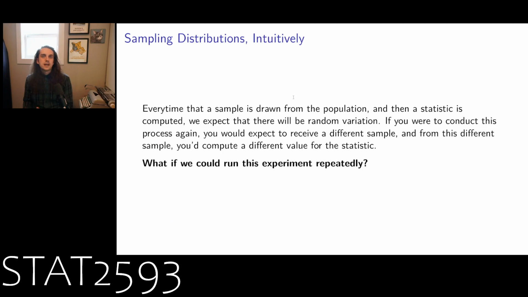So to make this intuitive, every single time that we draw a sample from a population, the statistic is going to be computed, and it's going to be different from each of the other draws, right? There's random variation in our computation of that statistic. So if you thought about actually taking many different samples from the population of interest, and on each of those samples, you compute your statistic of interest, right?